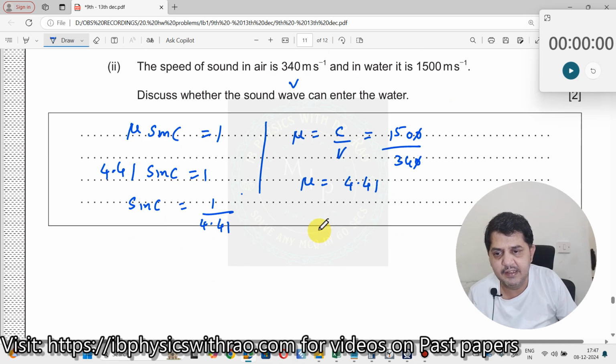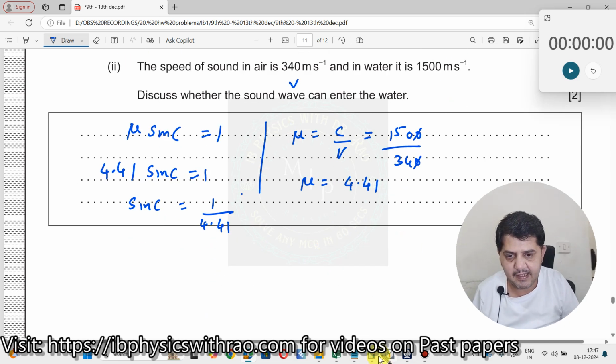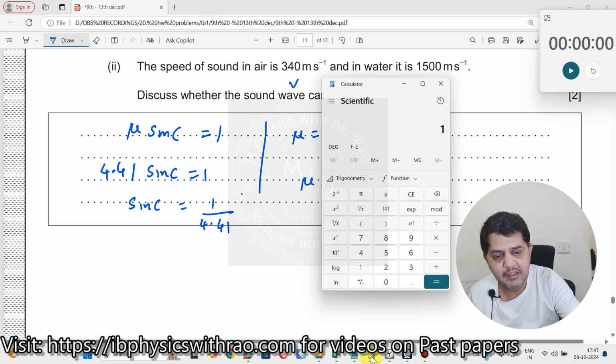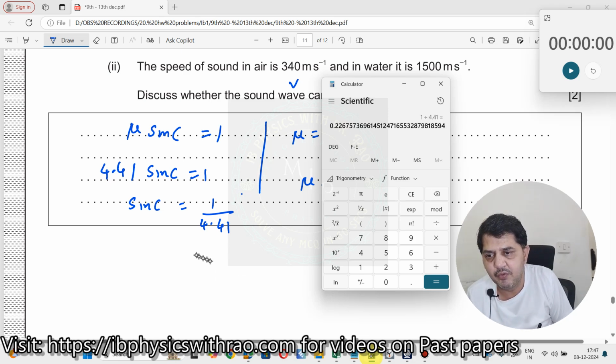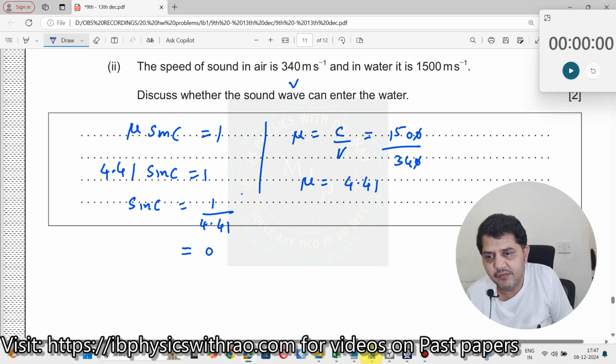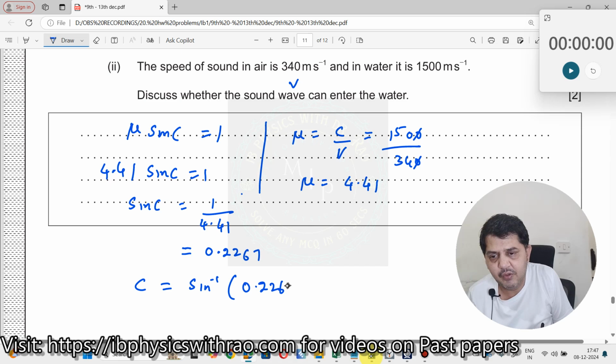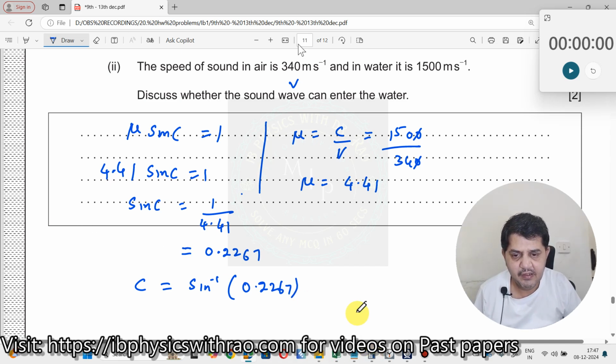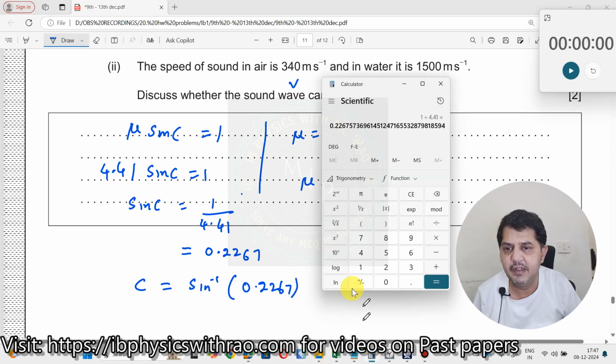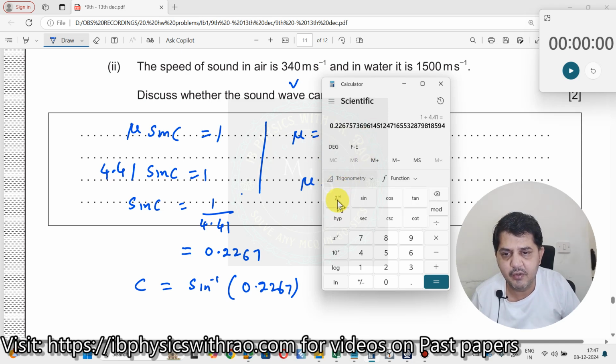When I do this, what do I get? Let me calculate that also. 1 divided by 4.41 is equal to 0.2267. So what's the value of C then? C is equal to sine inverse of 0.2267. I want to get the angle, so I will go to trigonometry, go to second, and click on sine inverse.